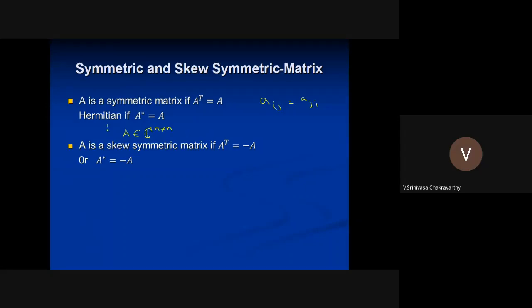Then symmetric means it's not only Aij is equal to Aji, but Aij is equal to Aji star, the conjugate. So star denotes the conjugate.